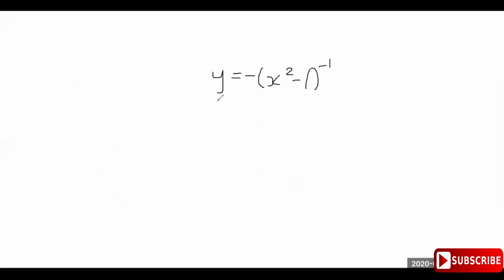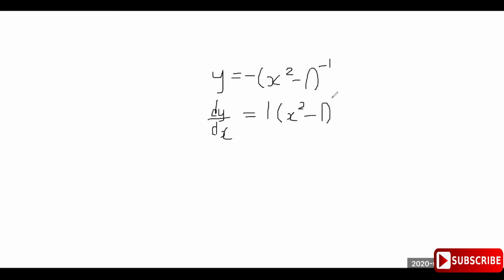You can rewrite it like this to then differentiate it. You get dy by dx. You bring down the power and then subtract 1 from the power. You carry down the power: -1 times -1 becomes positive 1.